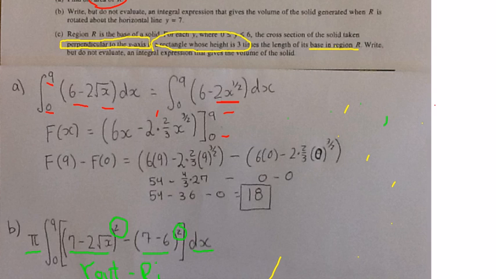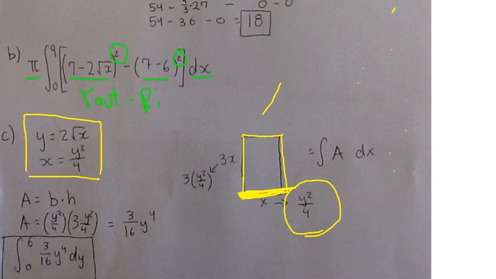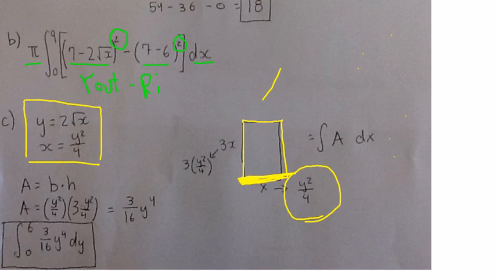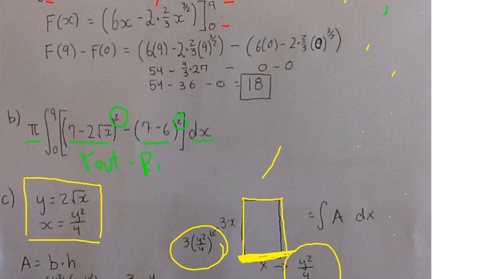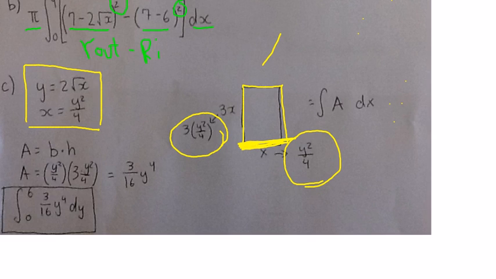And then the height is 3 times the length. If the length is this, the height is going to be 3 times that. And so when we're finding the solid, we're going to take the integral of the area right here.